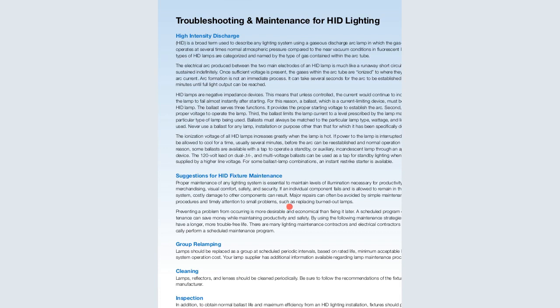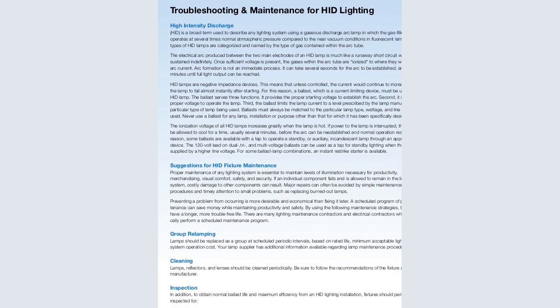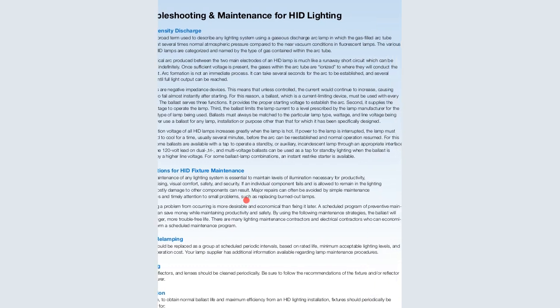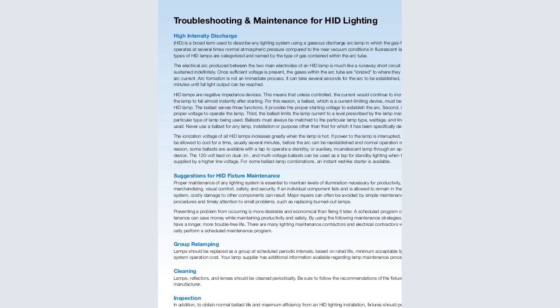The various types of HID lamps are categorized and named by the type of gas contained within the arc tube. The electric arc produced between the two main electrodes of the high intensity discharge lamp is much more like a runaway short circuit current, which can be sustained indefinitely.